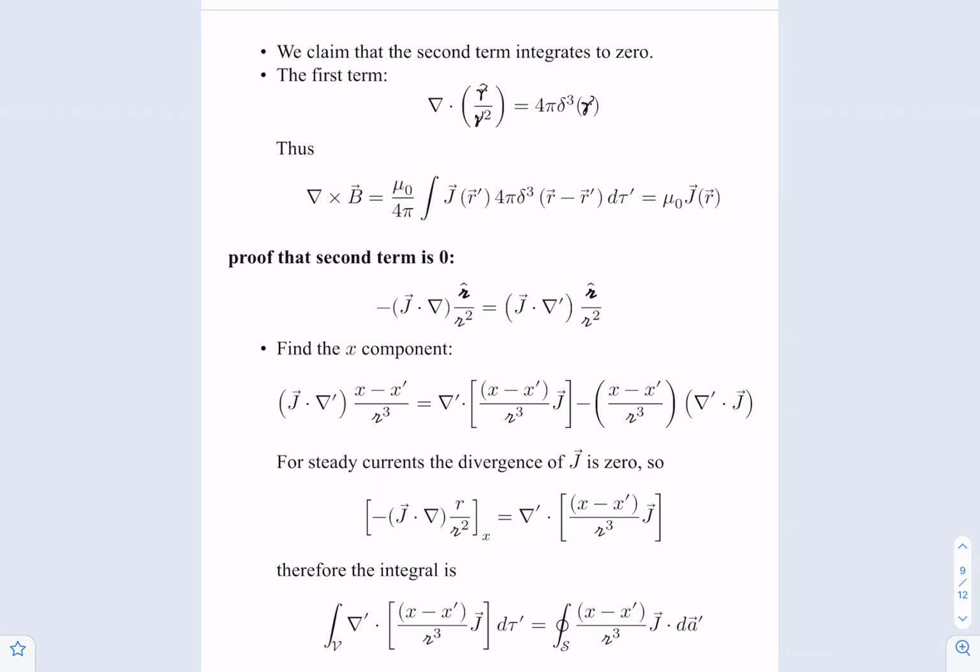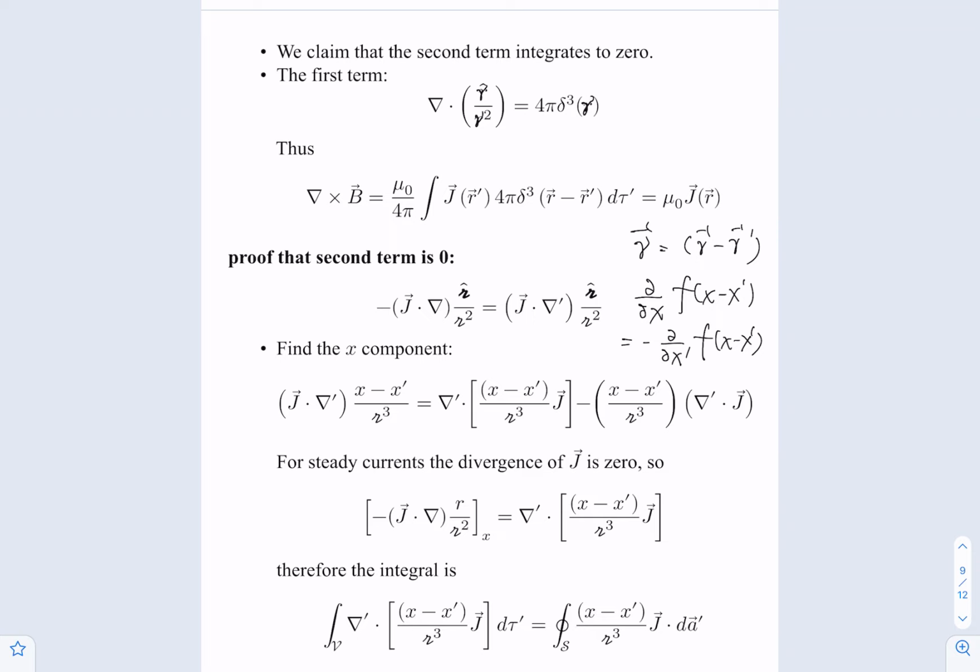Because on the right hand side it's a function of the separation vector, which is simply r minus r prime, and partial x of a function of x minus x prime equals minus partial x prime of that function. Using this spirit, we can also replace this del operator by minus del prime.